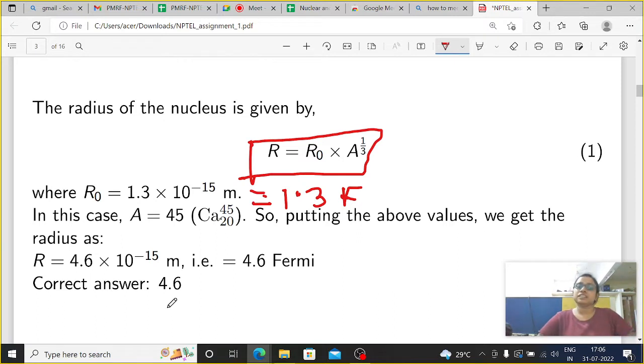So the correct answer will be 4.6 Fermi. This is the first question, which is very simple: we just use the expression r equals r0 A to the power 1 by 3.